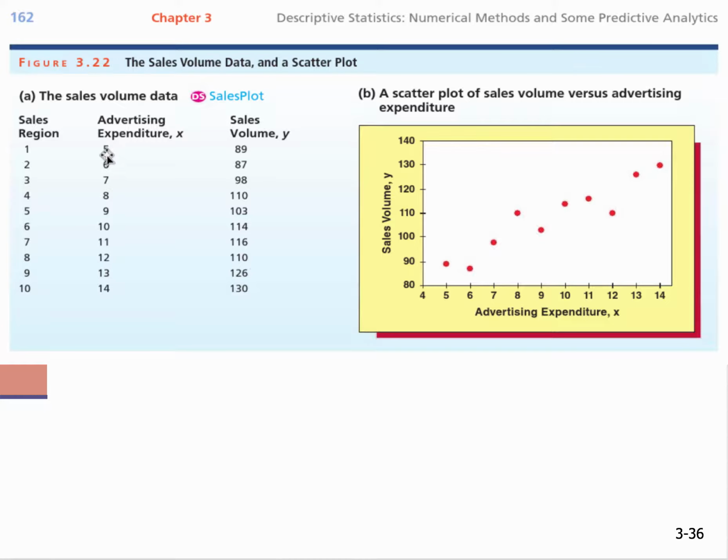The units represented here are interpreted like the following. The 5 means 50,000. So every number's actual value is divided by 10,000, just to make it easy to comprehend. The same with the sales volume. When we see 110, it means 1,100,000.